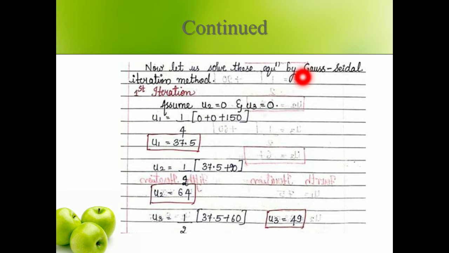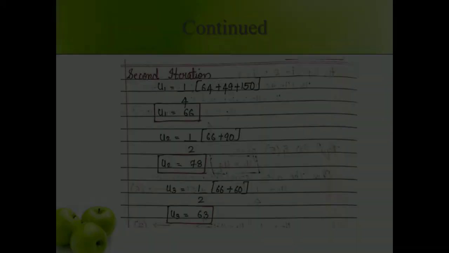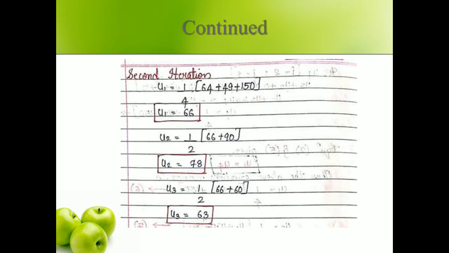So u1 will be equal to 37.5, u2 will be equal to 64, u3 will be equal to 49. When you substitute u2 equal to 0 and u3 equal to 0, you get u1 equal to 37.5, u2 equal to 64, u3 equal to 49. Second iteration, we substitute the values of the first iteration.